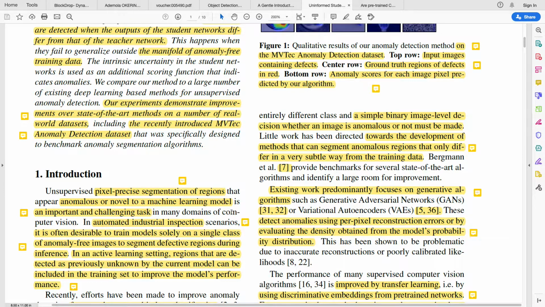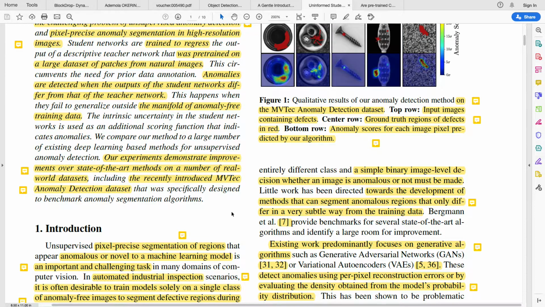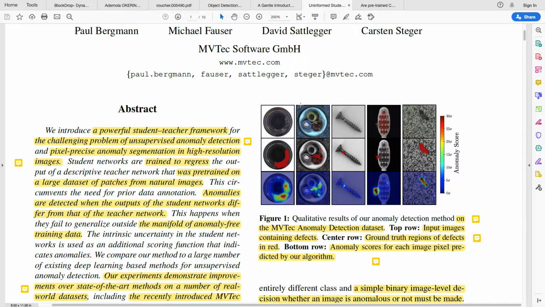So one important problem here is that most times in the industry, the products manufactured are going to come clean. They are going to be okay, with no bad sample, with no anomalies. The anomalies will be very few. So that immediately gives us a notion of imbalance in the data set.